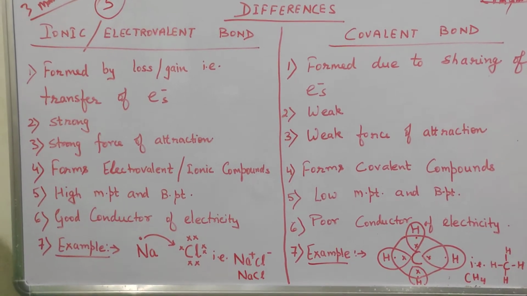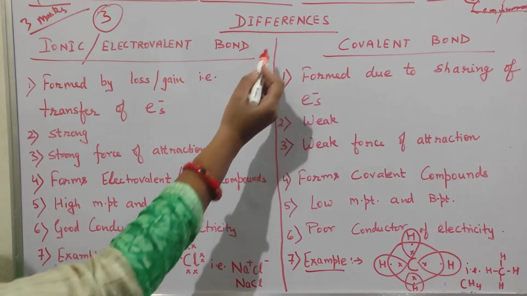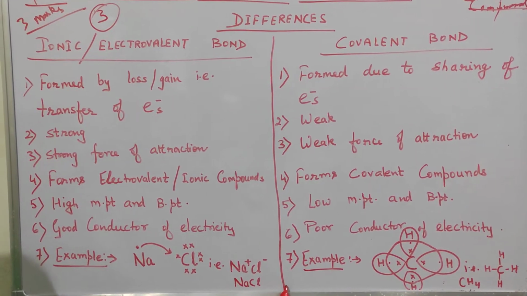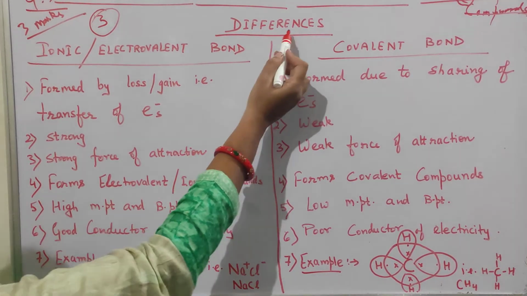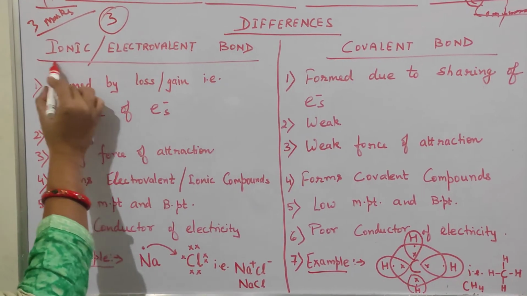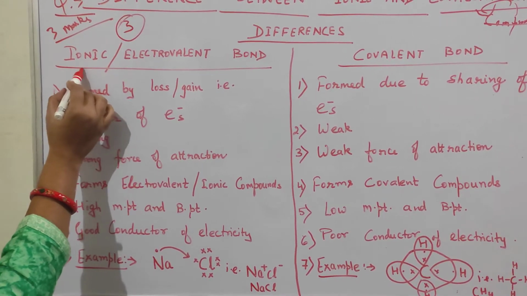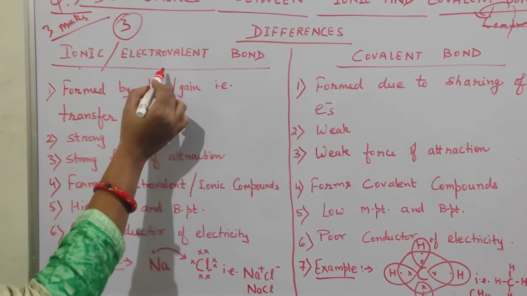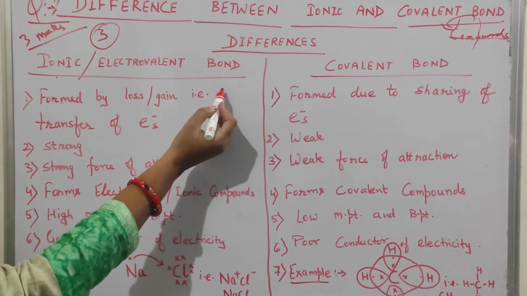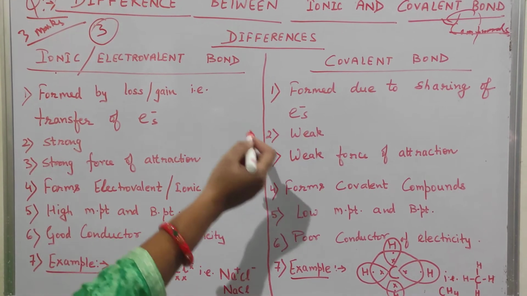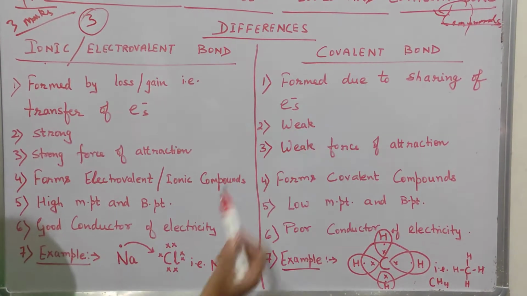So what you have to do, first, if any type of the differentiation question comes, you just put one line, make the 2 parts. On the top you write down differences. Then in the highlighted block letter write down on the left hand side as I have written ionic. Another name is electrovalent bond. So here I will discuss about only bond, and the same thing will be for the compound also. Right hand side I have written covalent bond.